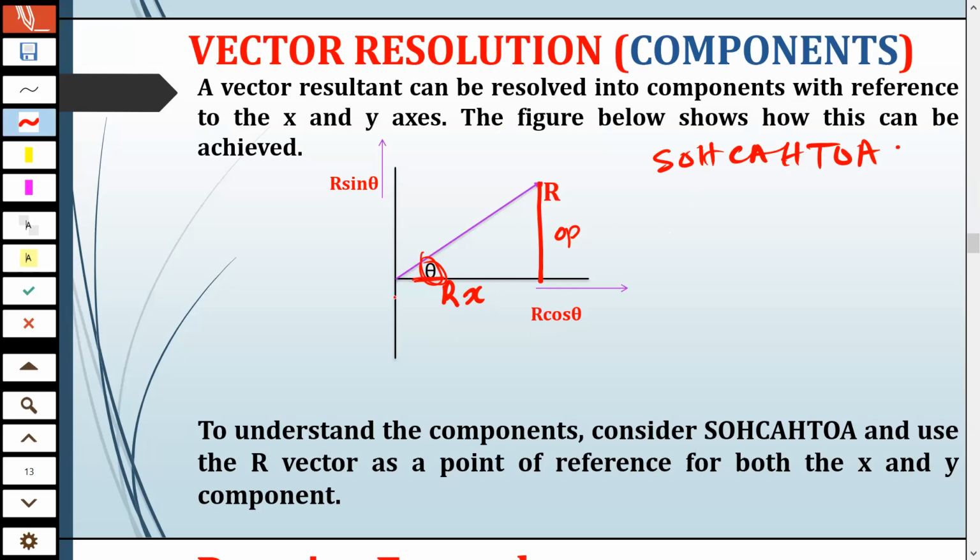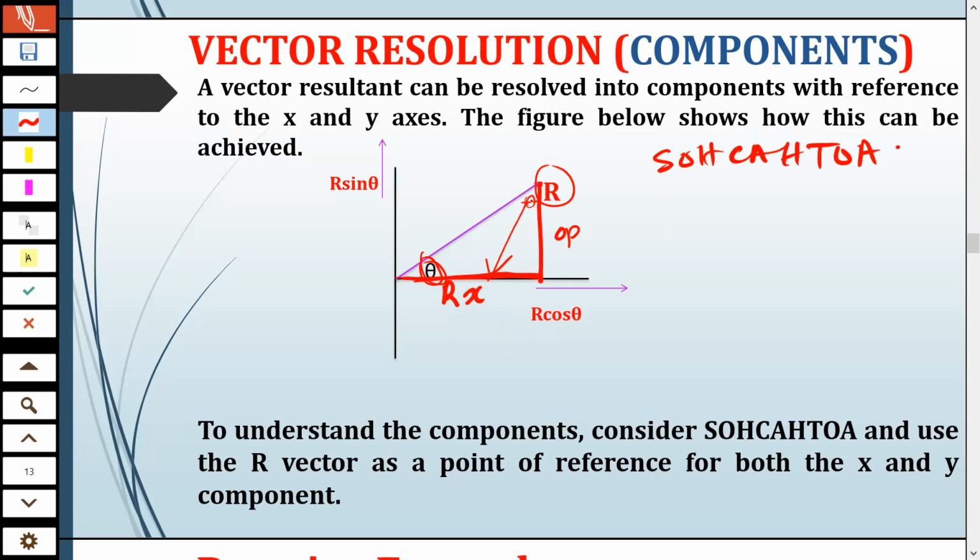So in the X, the X component of this vector R is simply just the adjacent to the theta. So sometimes if the theta is this side, the X component is going to be the opposite. So it's not always that the X component is the adjacent.